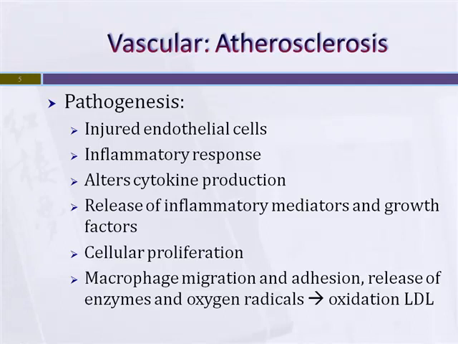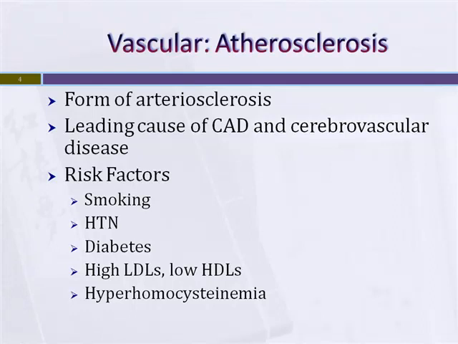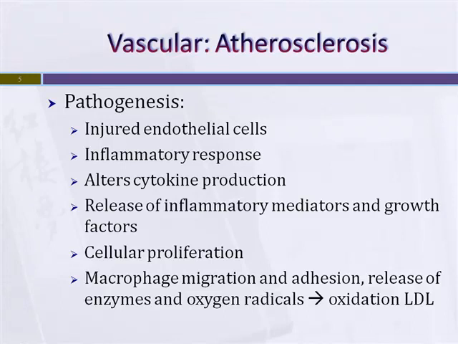What happens in atherosclerosis is that for some reason those endothelial cells lining the artery get damaged, injured. And all of those things that were on that last slide injure those endothelial cells, whether it's from chemicals like with smoking or increased pressure with hypertension damaging the endothelial cells, whatever it is, these things all damage those endothelial cells.